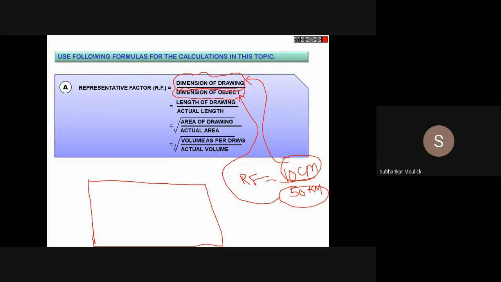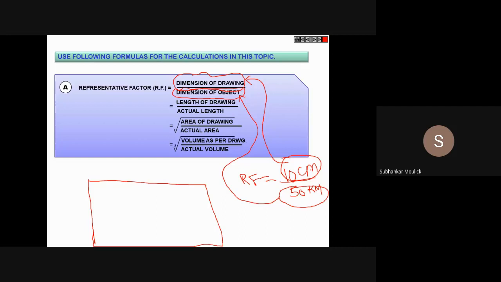Yes, sir. Fine. So remember one thing, every time the dimension of object can be in any unit. The dimension of drawing that we will be drawing in my drawing sheet also can be in any unit. So while getting the value of RF, you have to match the denominator dimension with the numerator dimension. If both the numerator and denominator are in the same unit, no need to worry, just solve it.